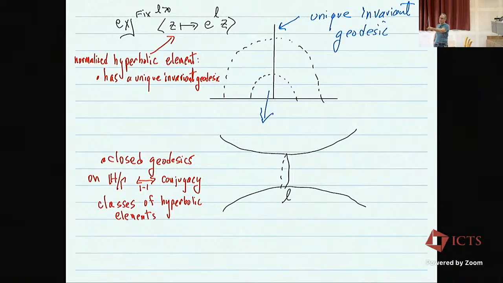It flares out at the two ends, and it has a unique closed geodesic in the middle of length L, okay? So this is important because when we start talking about hyperbolic surfaces more generally, we'll experience funnels. And a funnel is, you cut this piece out, say, and look over here, that's a funnel.